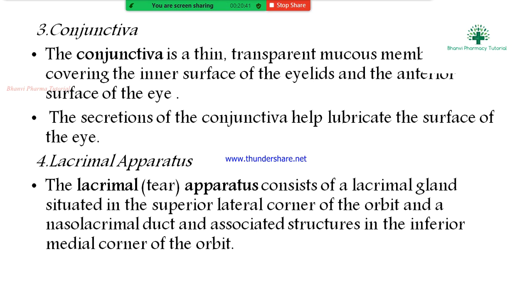The lacrimal apparatus consists of the lacrimal glands, situated in the superior lateral corner of the orbit, that is, in the orbital cavity, and a nasolacrimal duct. The nasolacrimal duct connects the nose and the eye, and is an associated structure in the inferior medial corner of the orbit.